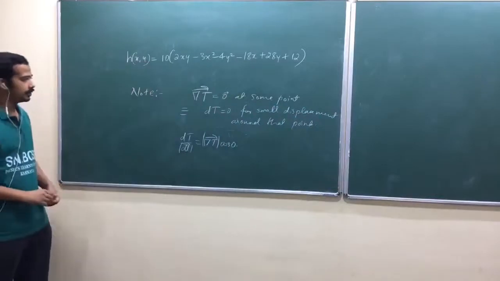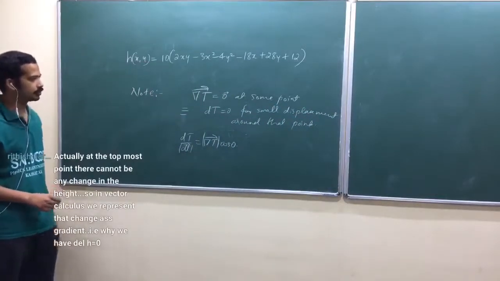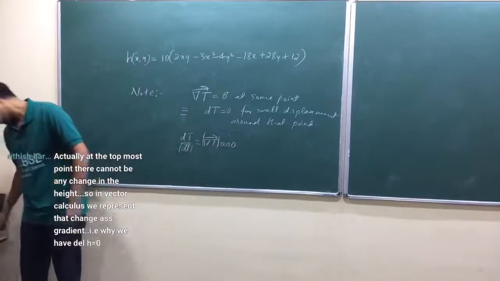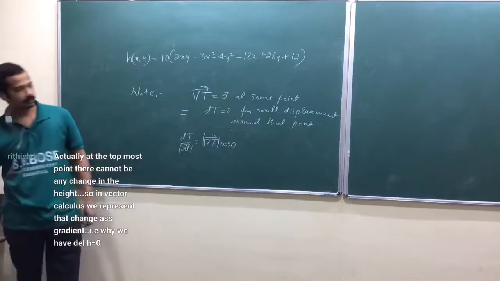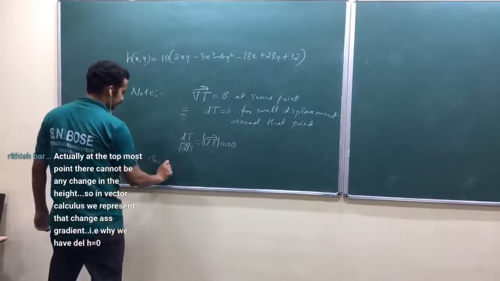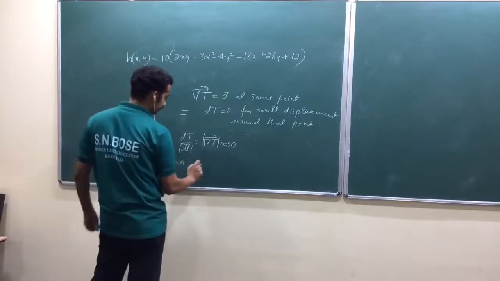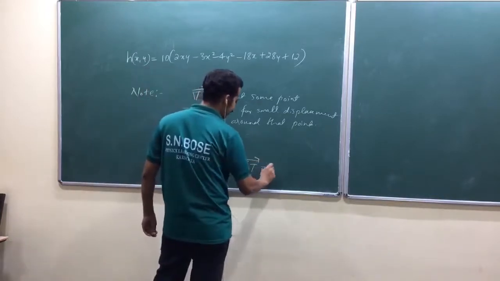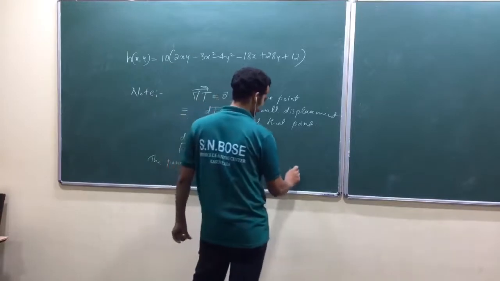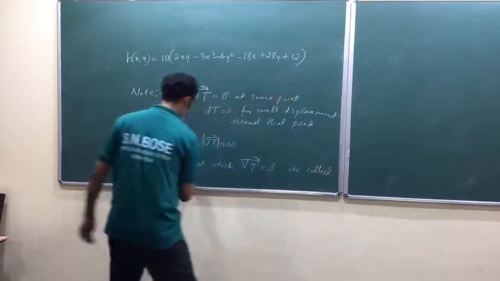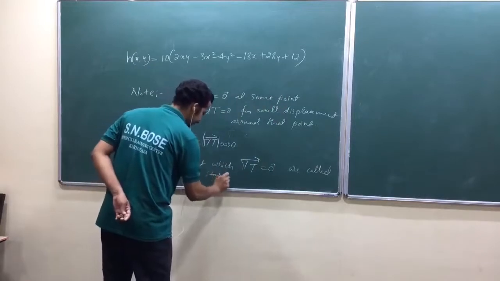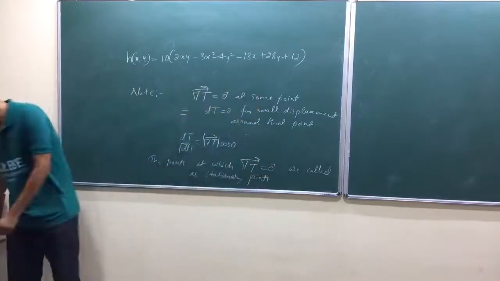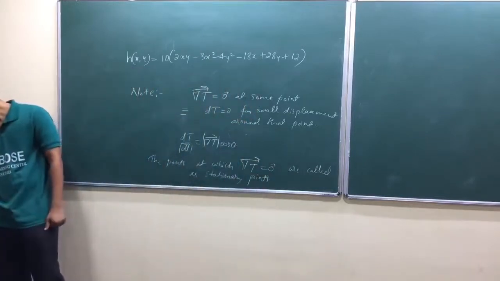So you better write one sentence. The points at which del t is equal to 0 are called stationary points, either maxima, minima, or saddle point.